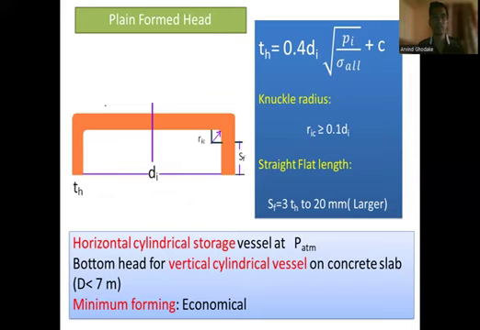Then the straight flat length is SF, which will be equal to 3 times TH or 20 mm, whichever is the larger. So these are the design parameters for the plain formed head enclosure, that is TH, then RIC, Di, and SF.